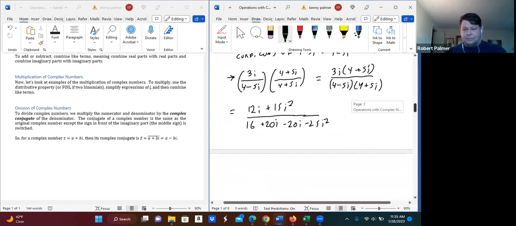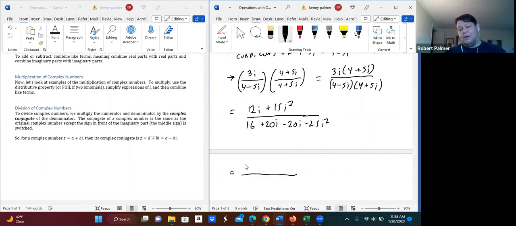Next thing, remember i squared is negative 1. We also want to combine our like terms. So my numerator then is going to be 12i plus 15 times negative 1. Down here we have 16. Then we have plus 20i, then minus 20i.